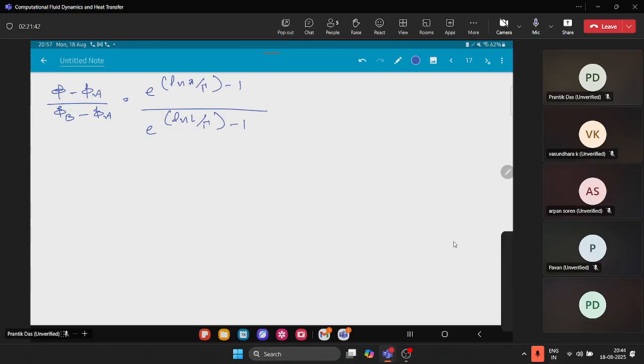So if you want to check whether your numerical solution is correct or not, you can solve it numerically, and for a simple case you can tally your numerical solution with the analytical one. I think that's a good approach to see whether your code is working fine or not.